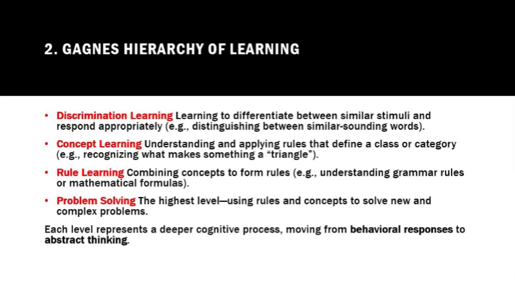Combining concepts to form rules, for example a learner understanding grammar rules or mathematical formulas. The 8th one, problem solving. This is the highest level, and this type uses rules and concepts to solve new and complex problems. In Gagné's hierarchy of learning, each level represents a deeper cognitive process, moving from behavioral responses to abstract thinking.